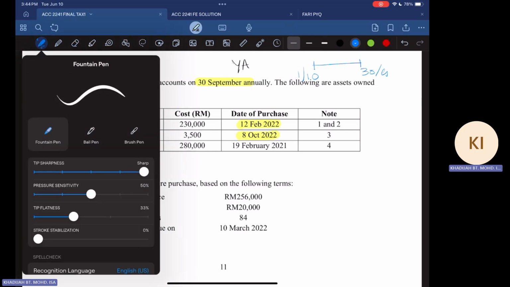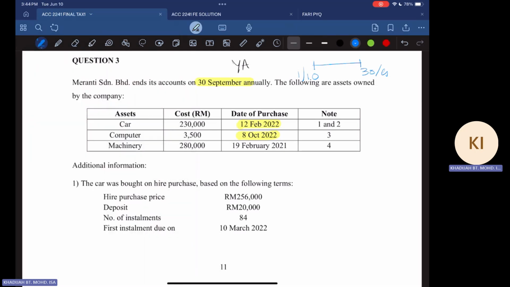Again, February 2022, year end is 30th September 2022, so that is YA 2022. But October 2022, year end is September 2023, so YA 2023. And February 2021 means YA 2021. How do you get that?